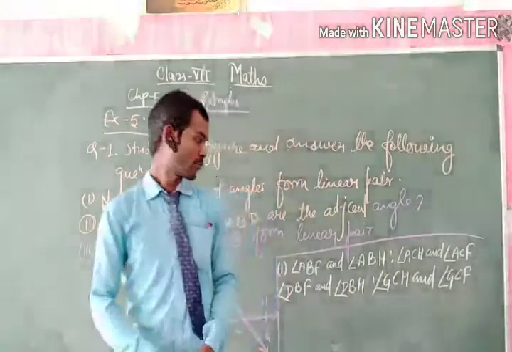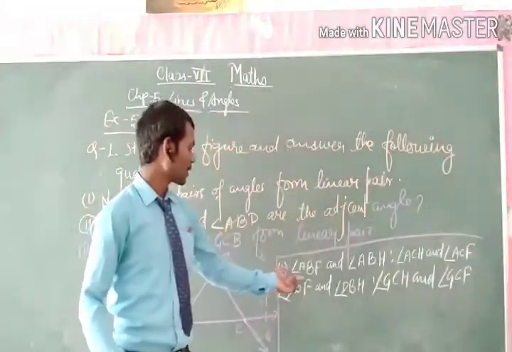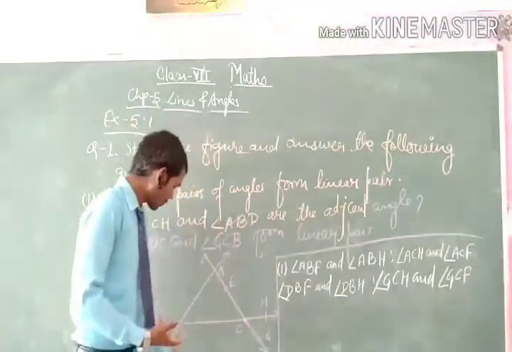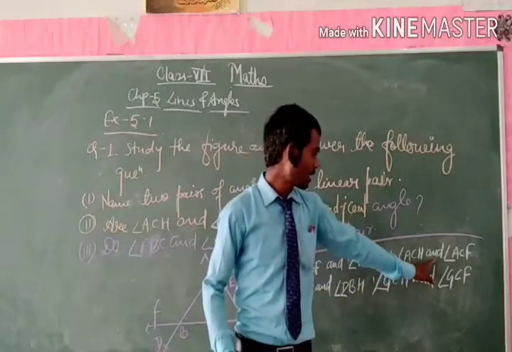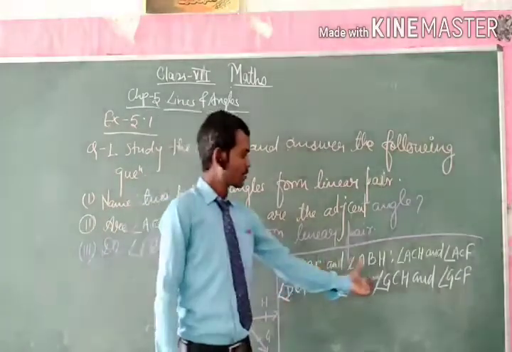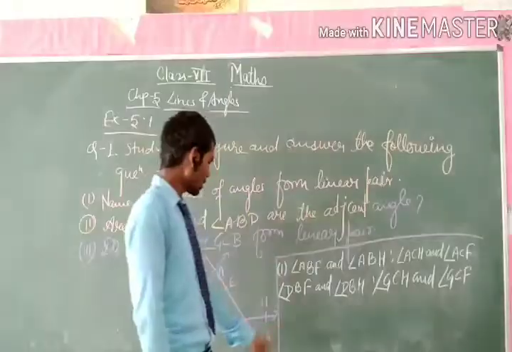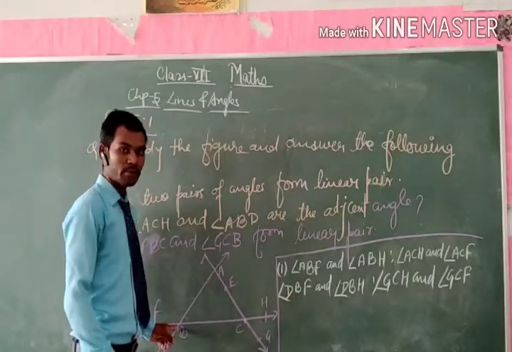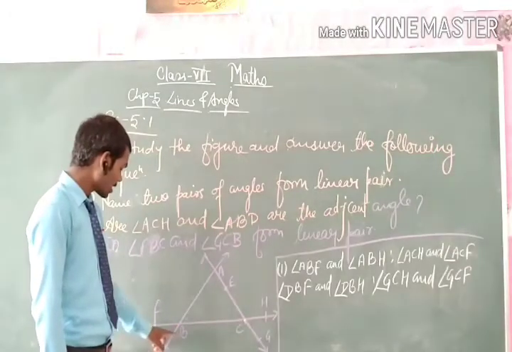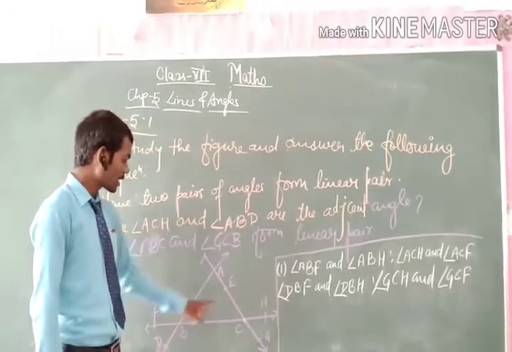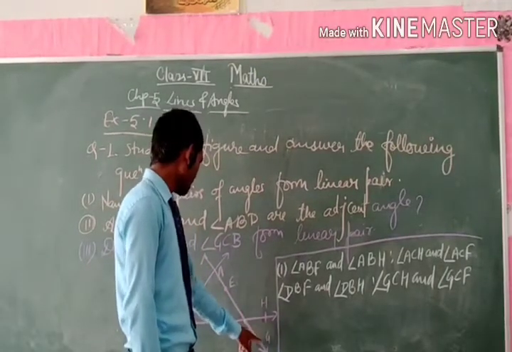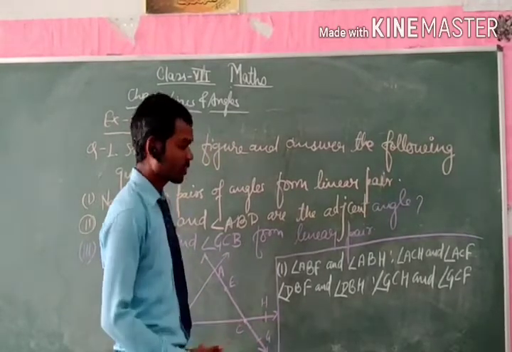In this way, we have found that angle ABF and angle ABH form a linear pair at the point B, and ACH and ACF form a linear pair at the point C. And similarly, at the point B, when we move down, we see that the angle DBF and the angle DBH, and at the point C, angle GCH and angle GCF also form a linear pair.